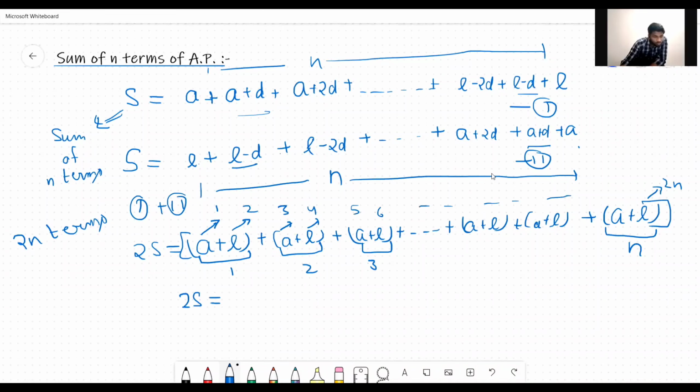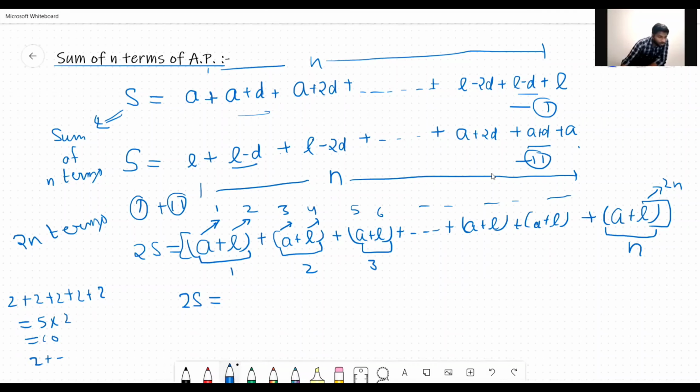2S is equal to, see, if we add 2 plus 2 plus 2 plus 2 plus 2, 5 times, it will give you 5 into 2, that is 10.